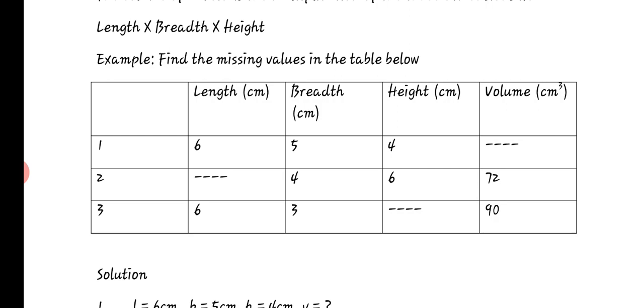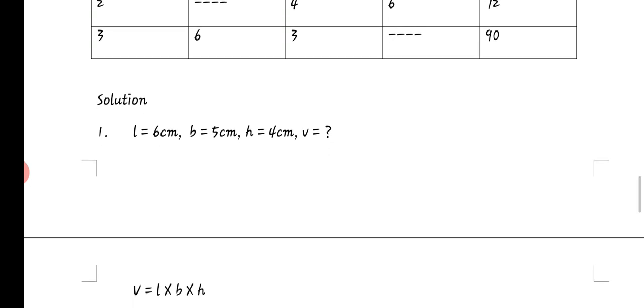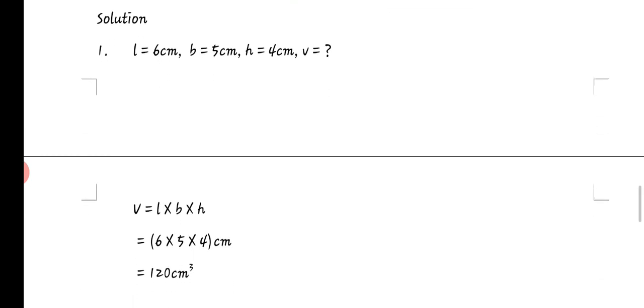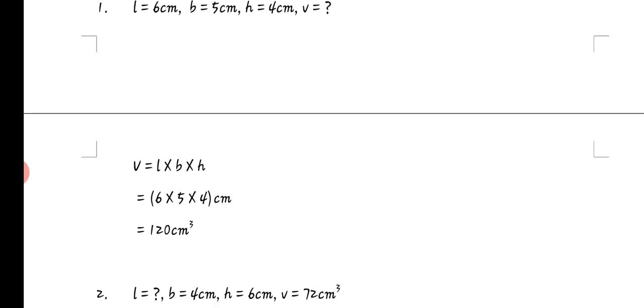Let's look at the solution. I'll do 1 and 2. The length is 6, breadth 5, height 4, volume we don't know. So to find volume, just like I said, length times breadth times height. That would be 6 times 5 times 4. 6 times 5 is 30, 30 times 4 is 120, all in centimeters. So multiply the 3 together, it gives you 120 centimeter cube.